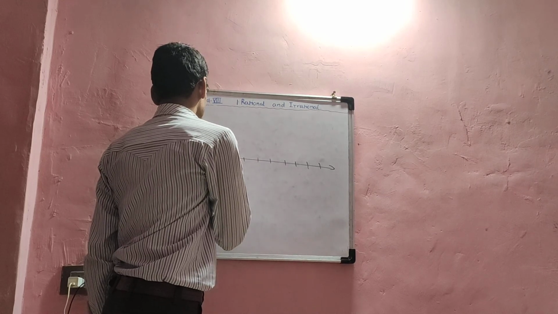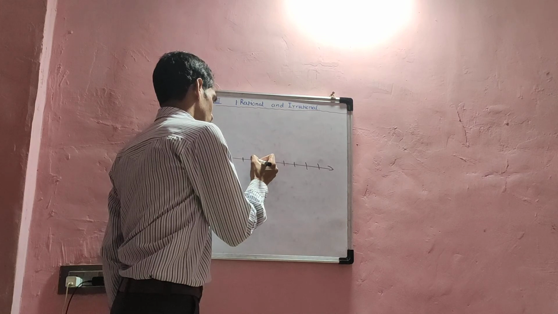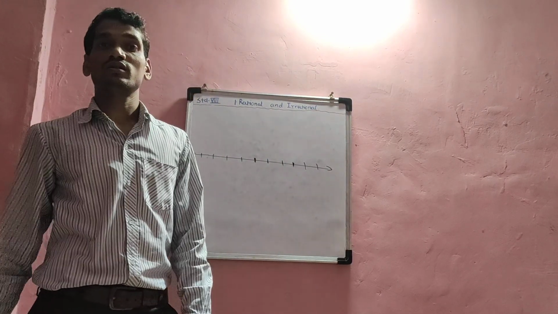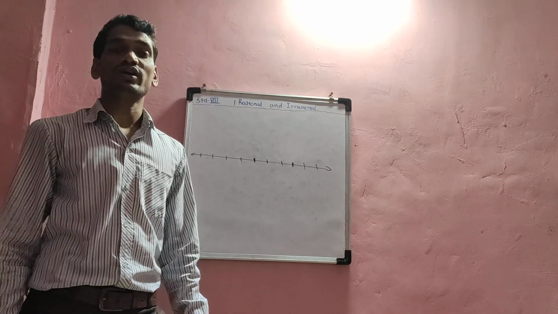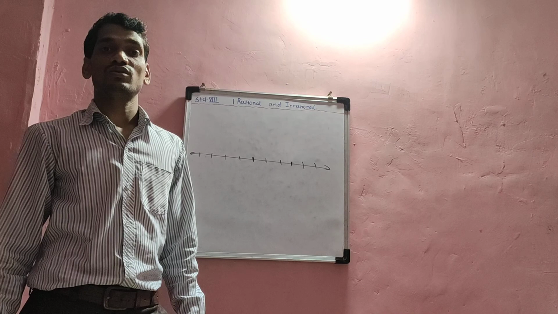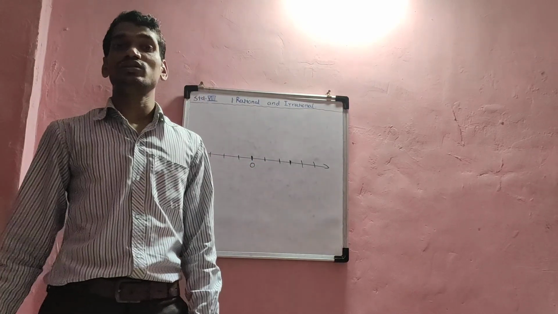Actually, equal distance we have to take, but here it is not equal. Okay, equal distance you have to take. In that equal distance, one of the points is taken as 0.